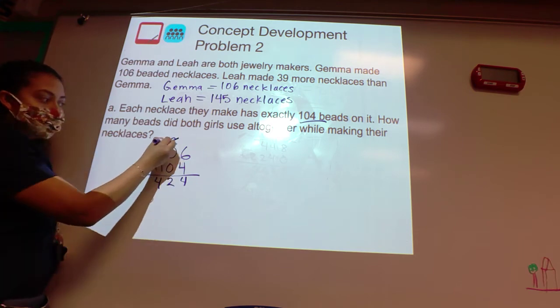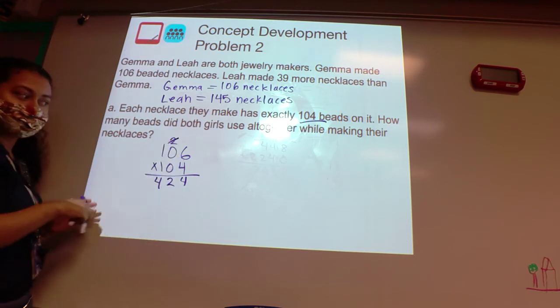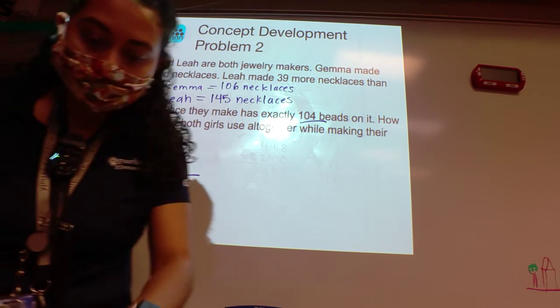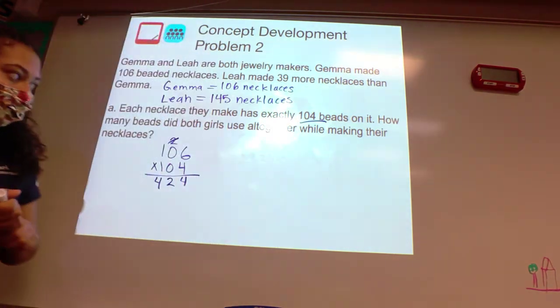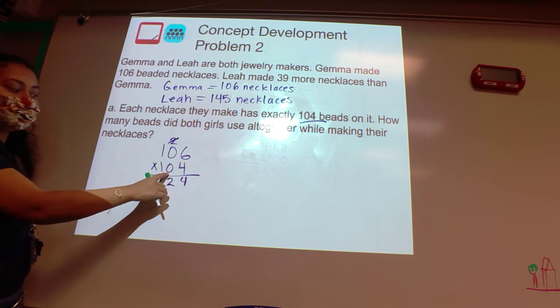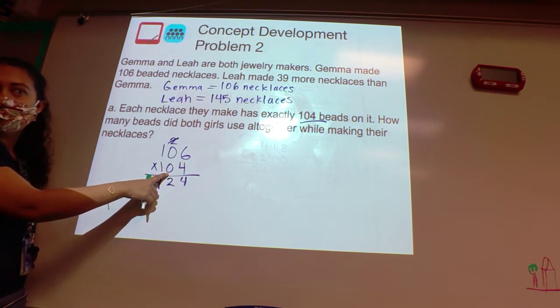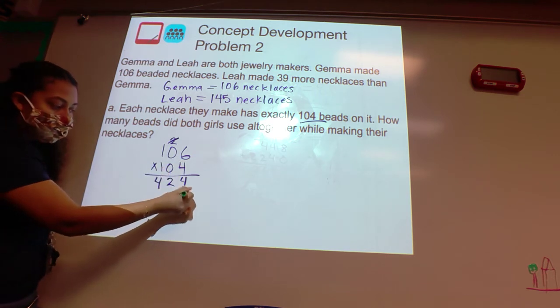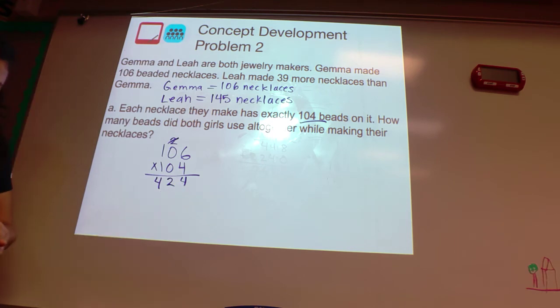Okay, I'm going to cross the 2 out so I don't accidentally use it again on the top. Now we have 106 times 0 equals 0.